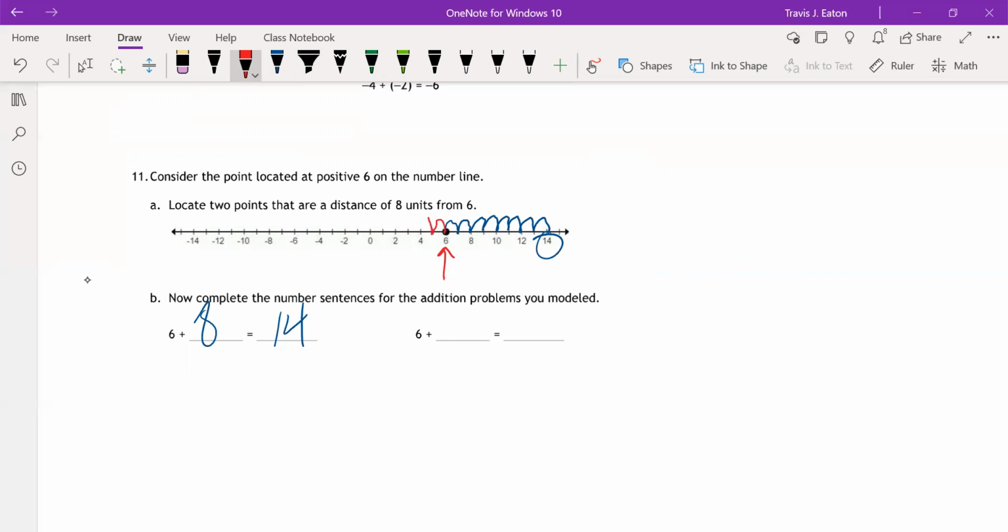So I can count 1, 2, 3, 4, 5, 6, 7, 8. And when I do that, I end up at negative 2. But I'm not subtracting, I'm adding negative 8. See, adding negative 8. 6 plus negative 8 equals negative 2, because that's where I end up when I count to the negative 8. Okay?